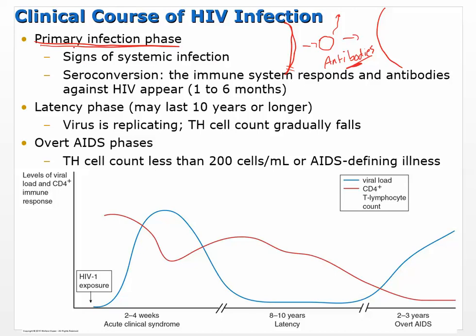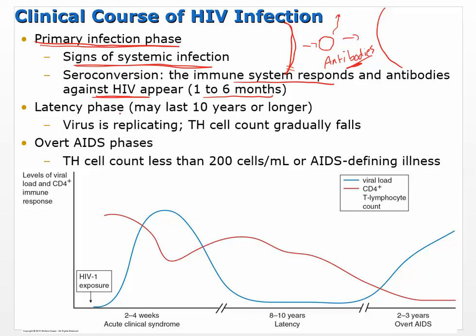So during this initial stage, you'll see signs of the systemic infection. You'll actually see something going on, and the immune system will respond, and antibodies against the HIV will appear. And that'll happen over the first 1 to 6 months. And then this latency phase, where the immune system has a good response, and it takes out a lot of the infected cells, and it takes out the free virus.